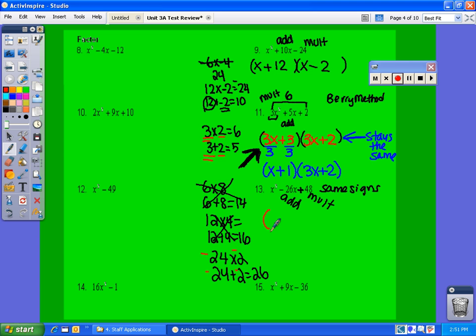So now I first always start with an x and x, and then I take these numbers and put them in. Negative 24, negative 2. And now we're done. Negative 24 plus negative 2 is negative 26. Negative 24 times negative 2 is positive 48.